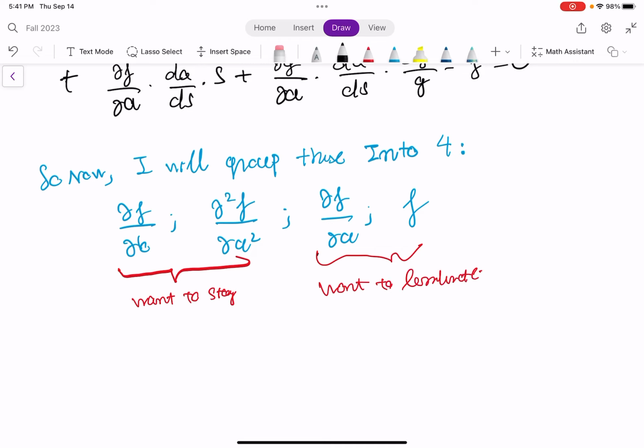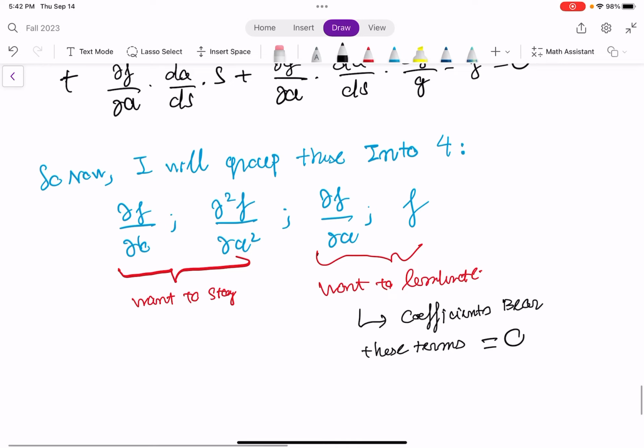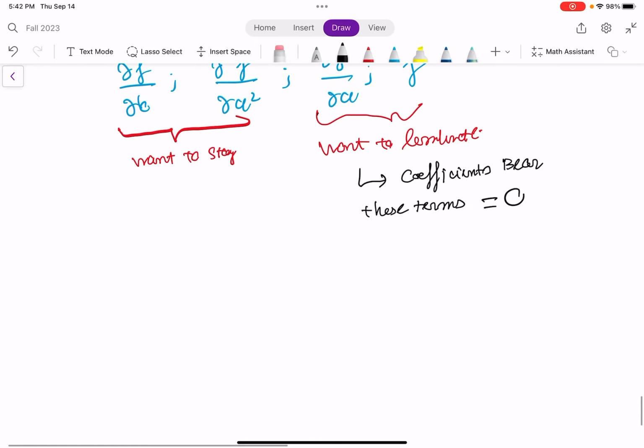To eliminate them, the coefficients of partial f with respect to a and f have to be 0. So let's go ahead and group them.